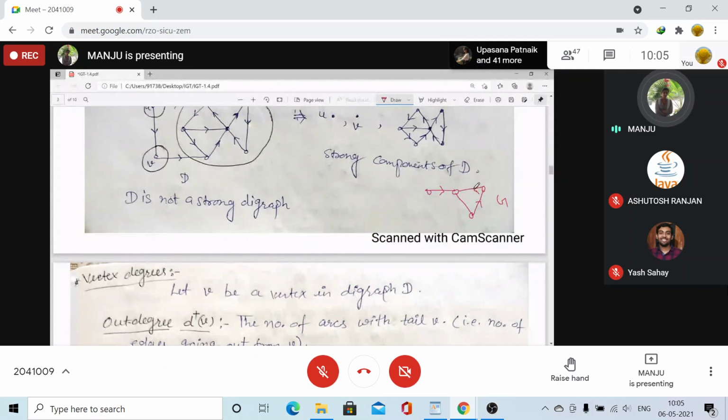Edges coming to the vertex contribute to its in degree, and going out, that constitutes its out degree. Example, we have the vertex A, B, C, D. What can you say about in degree of D?